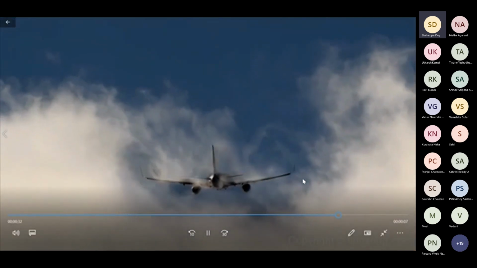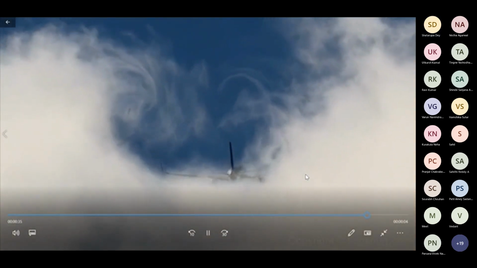So here you can see the wings. I hope it is visible.